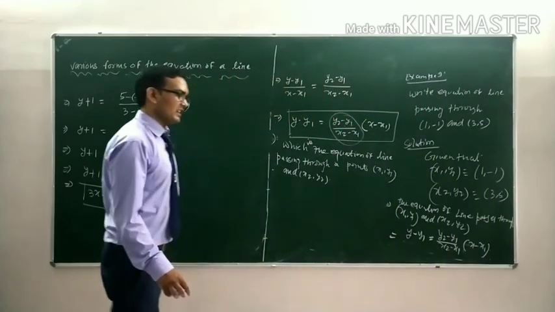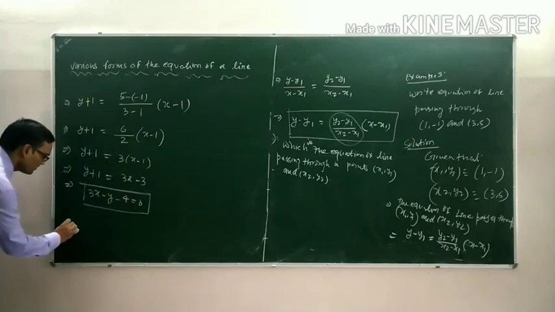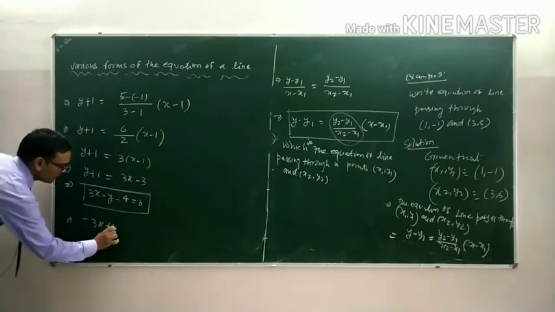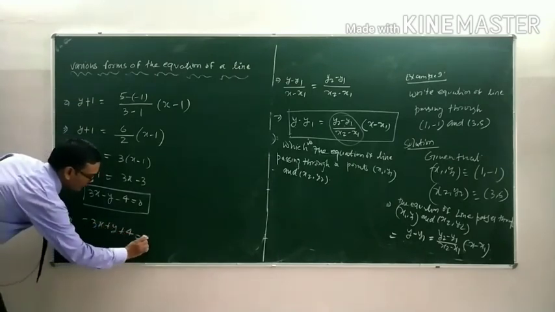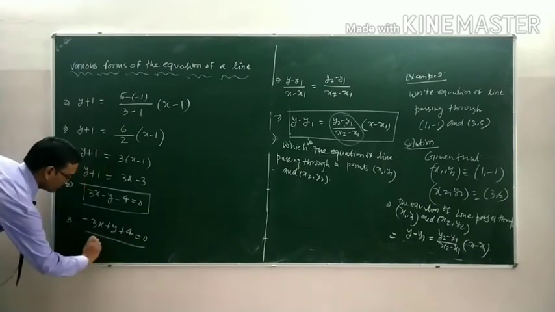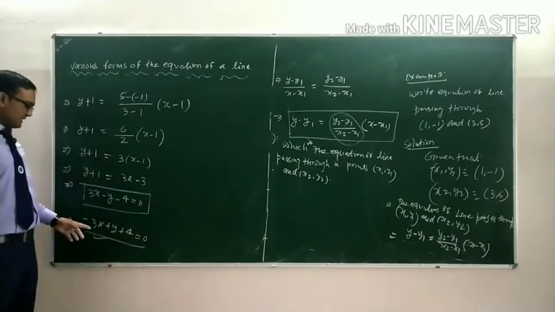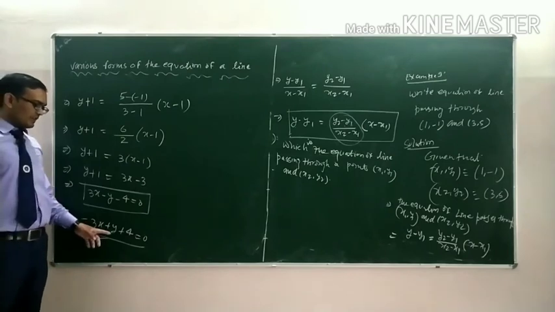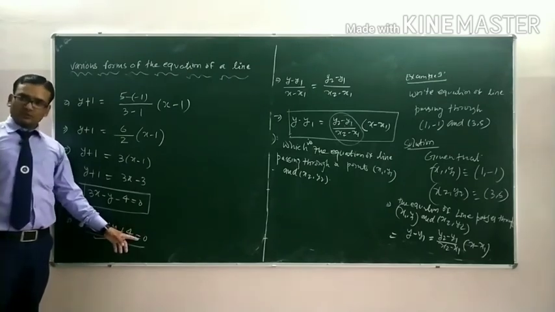This equation can also be written as minus 3x plus y plus 4 equal to 0. In your book the given answer is minus 3x plus y plus 4 equal to 0. Okay, students.